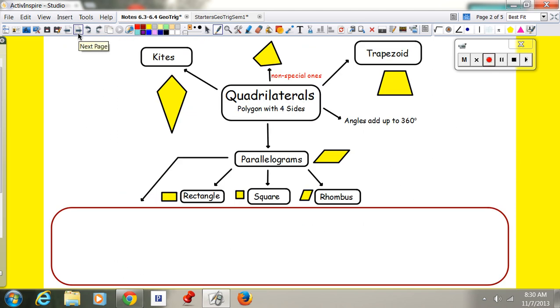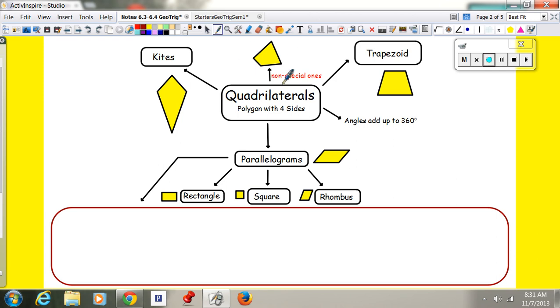All right, page 2 is on all quadrilaterals. Now I want you to see this is kind of a thinking map, you might say, on what quadrilaterals are, on the different kinds. You've got 3 special quadrilaterals. You've got quadrilaterals up here that are not special quadrilaterals.